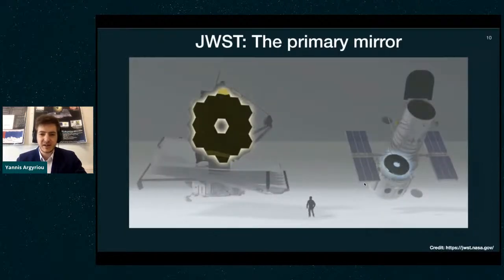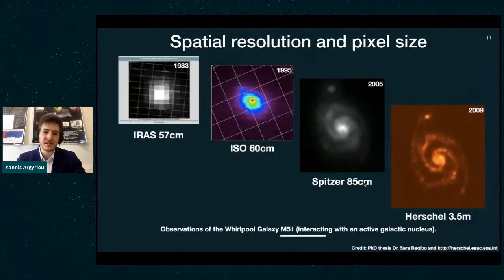One of the main features of the JWST is its primary mirror. This one has a size of 6.5 meters in diameter, and it's bigger than its predecessor, the Hubble Space Telescope, which had a primary mirror of 2.4 meters in diameter. In this next slide, I show the impact of having a larger primary aperture and also the impact of pixel spatial size.